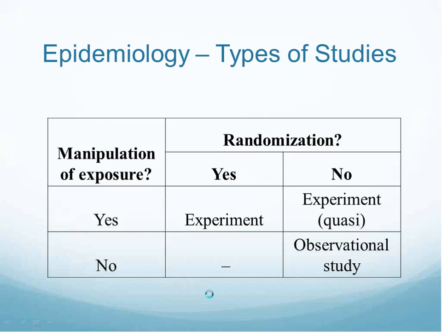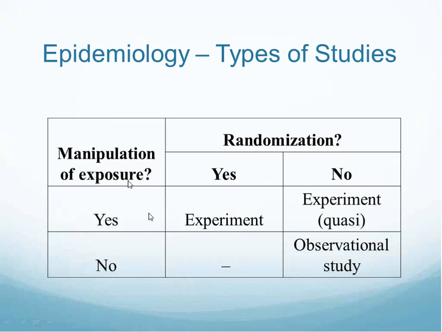Okay, so now we're moving on to the next portion of the talk, which is types of studies. And there are several different ways to classify or break up the different approaches within epidemiology. You have aspects such as manipulation of exposure shown here, or randomization.